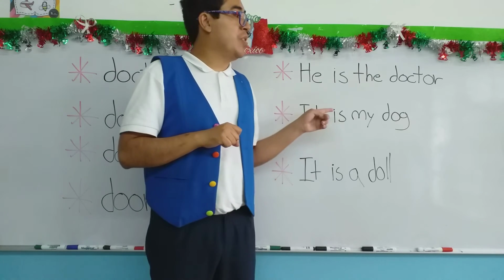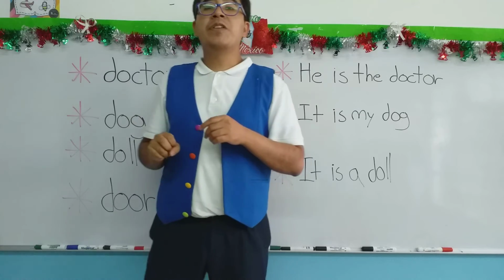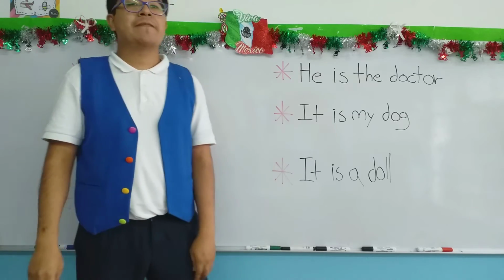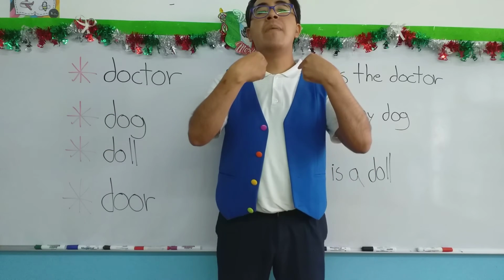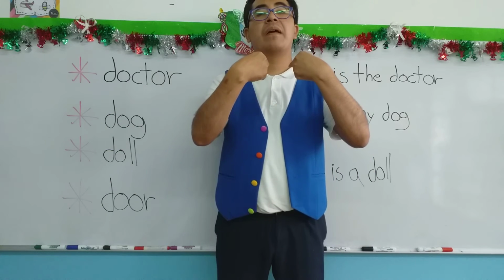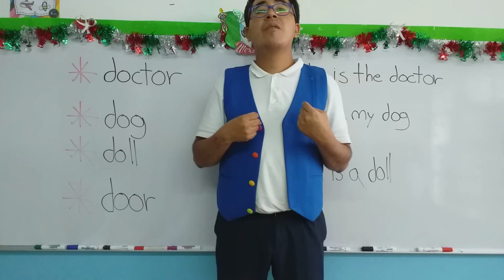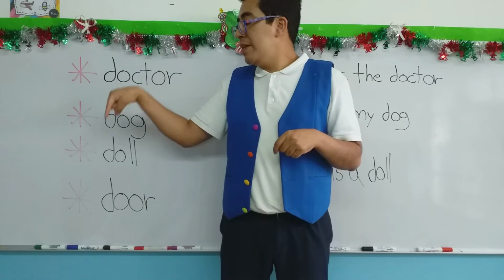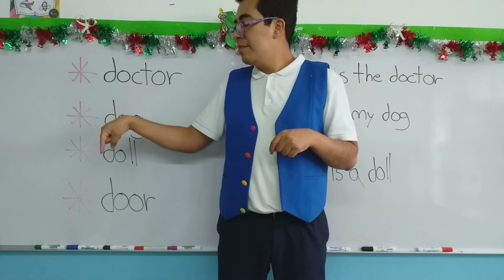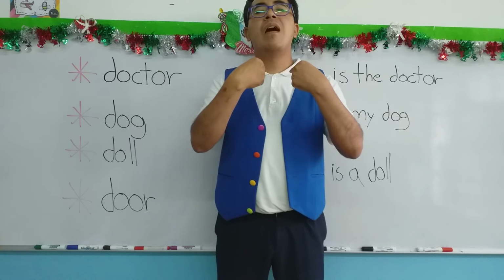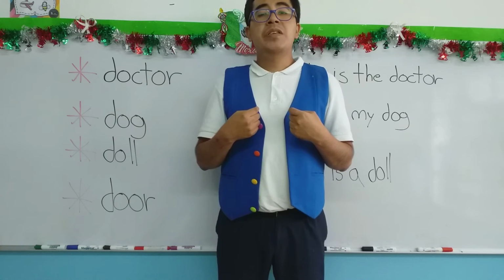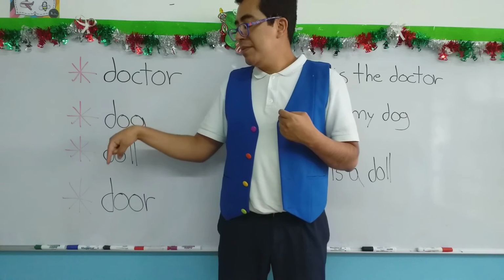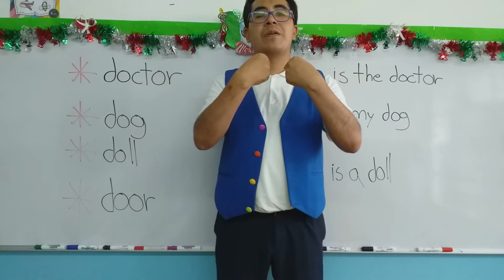Okay, let's continue with the number 2. For the number 2, it says, it is my dog. Once again, it is my dog. In Spanish, es mi perro.